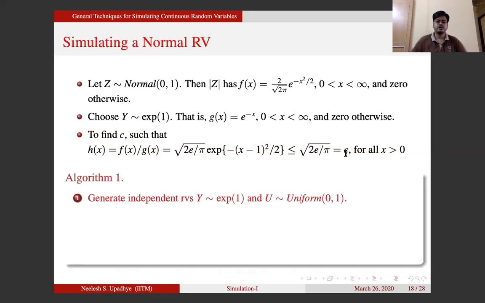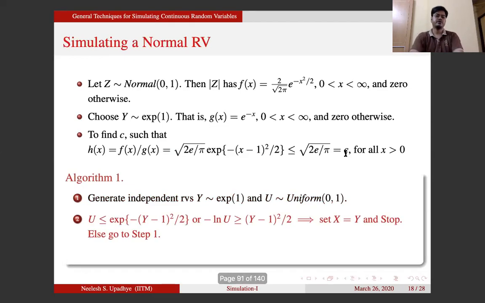So first, our goal is to generate Y with exponential 1, because my g is exponential 1, and as usual we will generate a random number U which is uniform 0, 1. f(x)/(c g(x)) is something that you need to compute, which is given here, right? It is e raised to minus (y minus 1) the whole square upon 2.